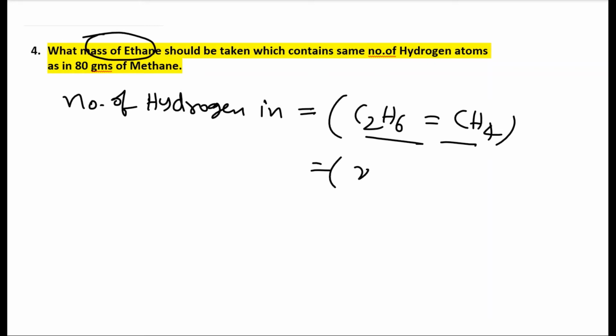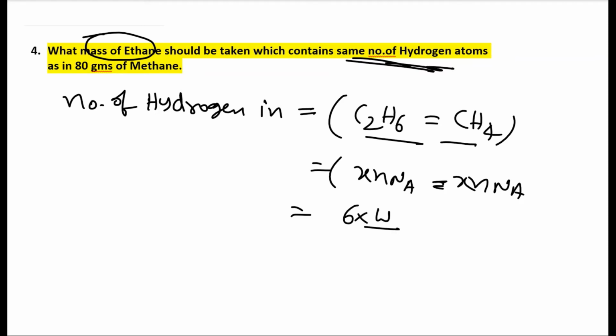So this is the X. From C2H6, how many hydrogen atoms are there? 6 into number of moles, weight by the ethane molecular mass, which is 30, into NA is equal to 4 into 80, the given weight of methane, by 16 into NA. NA gets cancelled.